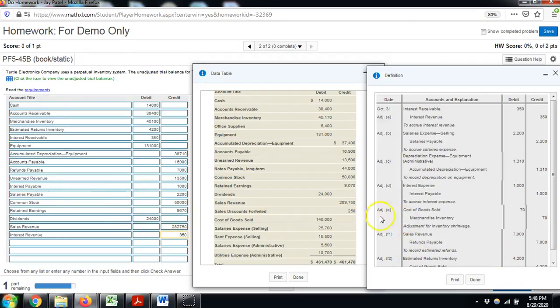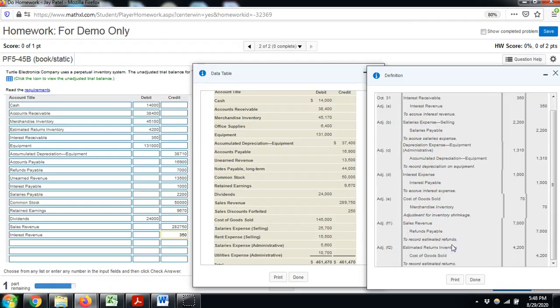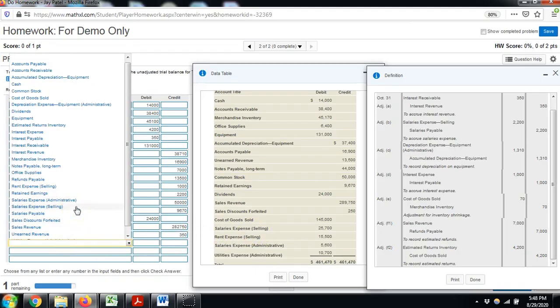And I think for revenues, we should be good. Okay. Now let's continue on with our expenses. So salary expense, selling.